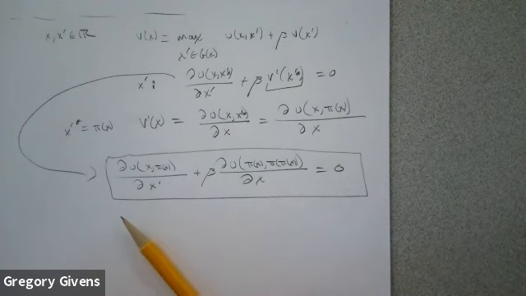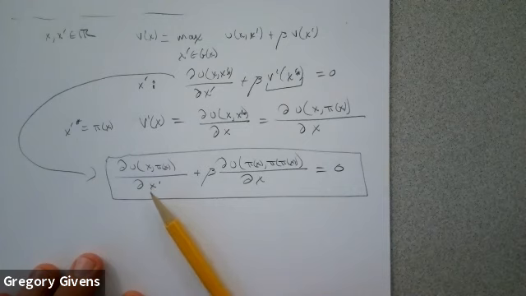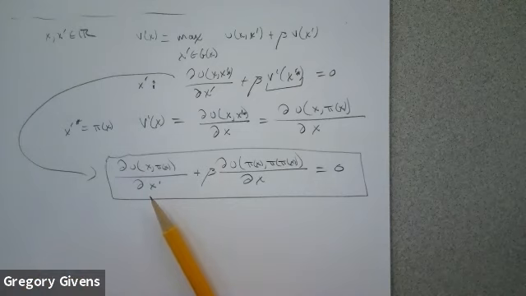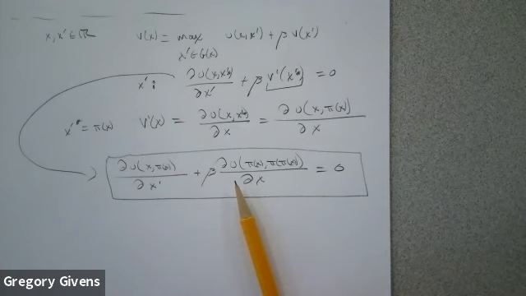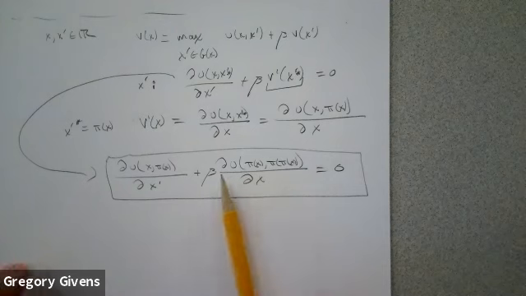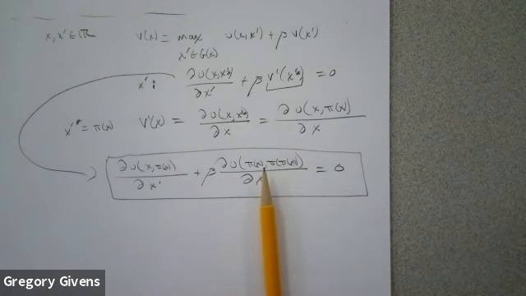So the marginal utility loss from increasing your savings today would be this du dx prime or du dkt plus 1. But there's a benefit to having greater capital, right? Next period, if you have greater capital, you're going to be able to produce more and therefore consume more. The other part is the discounted continuation return of having that additional resource next period and for the rest of your life.